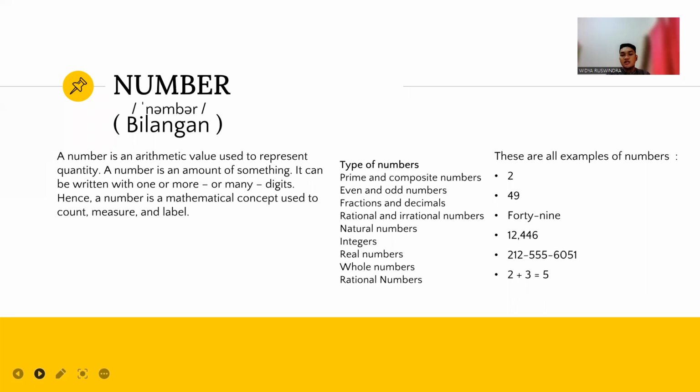These are all examples of numbers: 2, 49, 12,146, 555-6051. And 2 plus 3 equals 5.